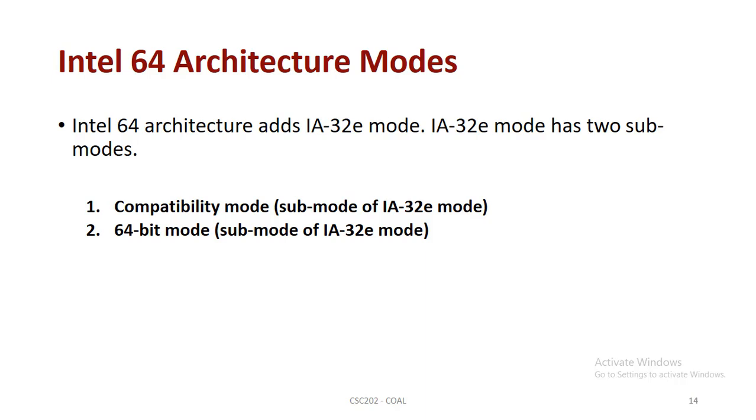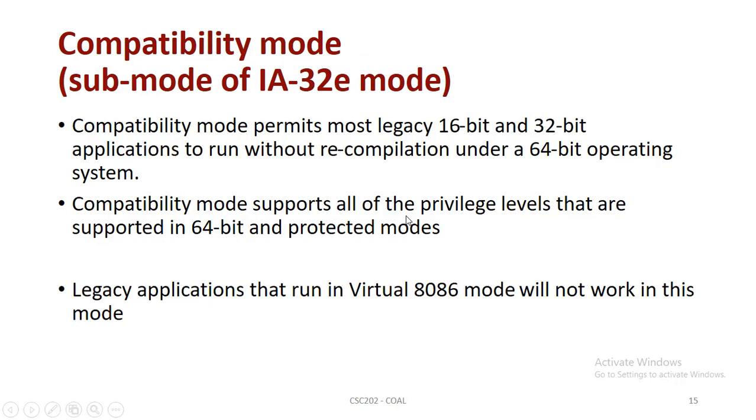One is for compatibility purposes, the compatibility mode, and one is a pure 64-bit mode. Both of these are IA-32e extension sub modes. In the compatibility mode, you can actually run 16-bit and 32-bit legacy applications without recompiling them.